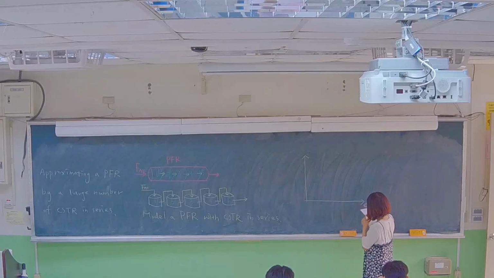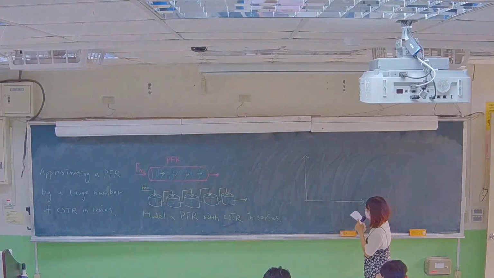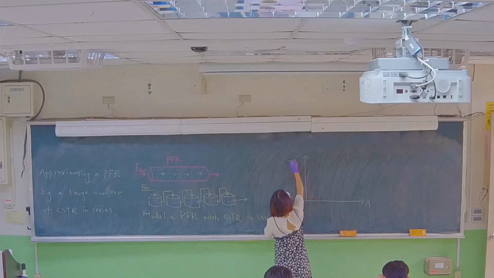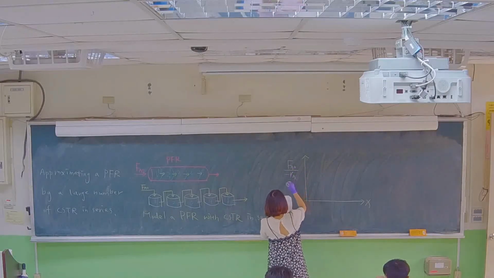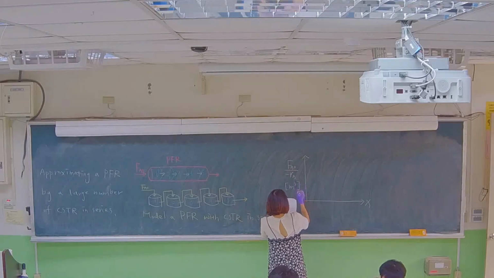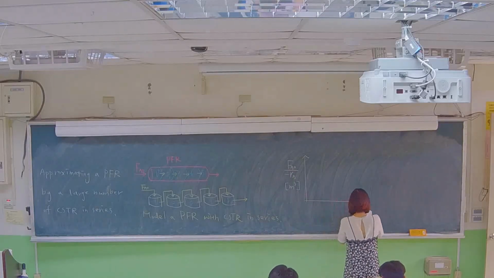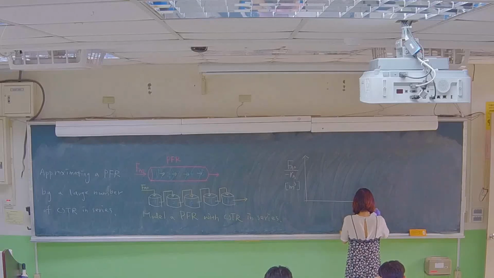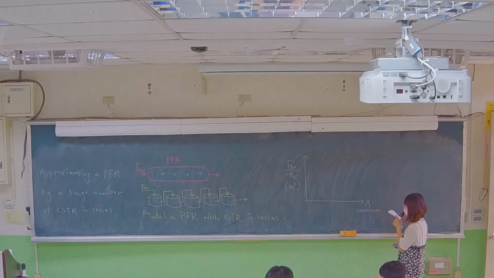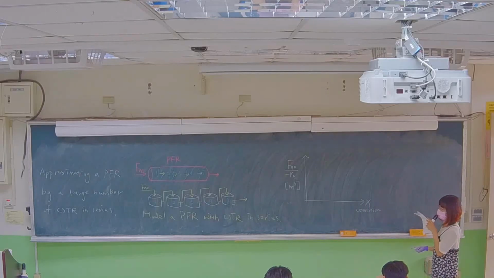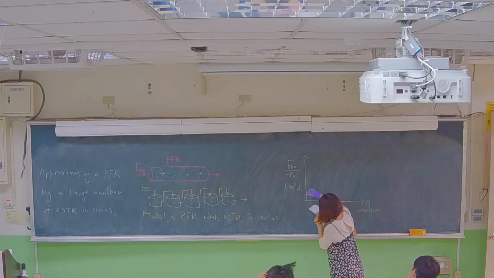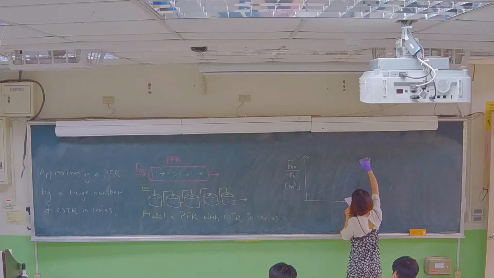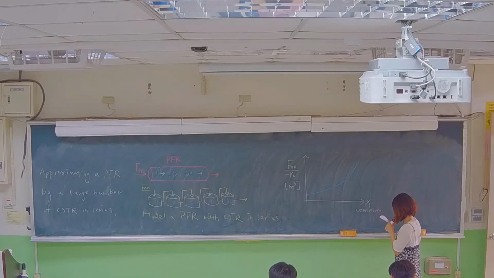So this figure is for conversion X versus FA0 over minus RA. Okay. The very familiar figure for you.